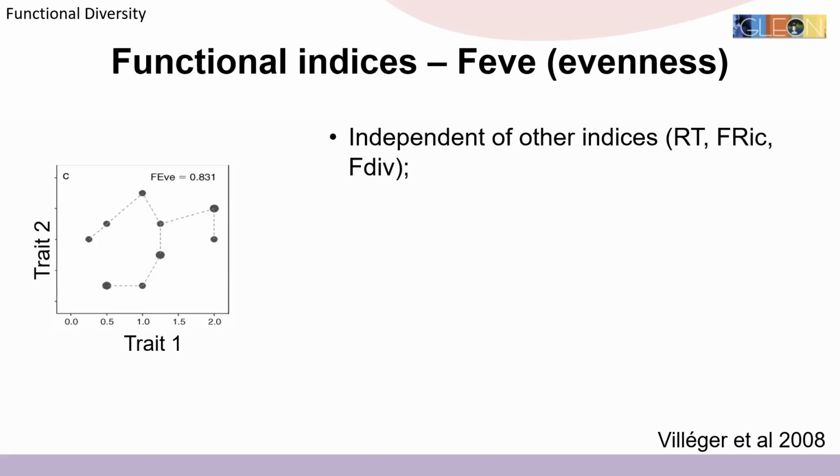So functional evenness is independent of other indexes, for example, taxonomical richness, functional richness, and functional divergence that I'm going to talk about later.